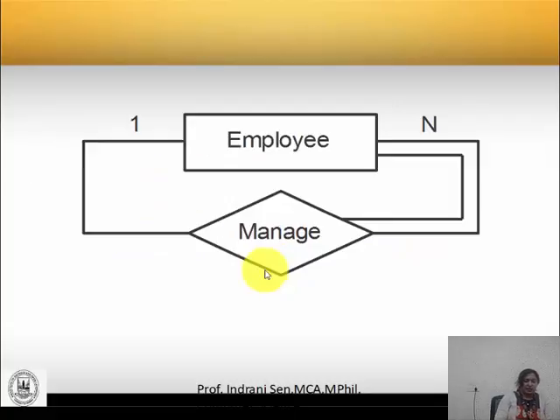We can take the example of an employee and manager. Employee manages employee. A manager is also a type of employee. So here an employee manages multiple employees, a one to n relationship, and the degree of the relationship is unary.